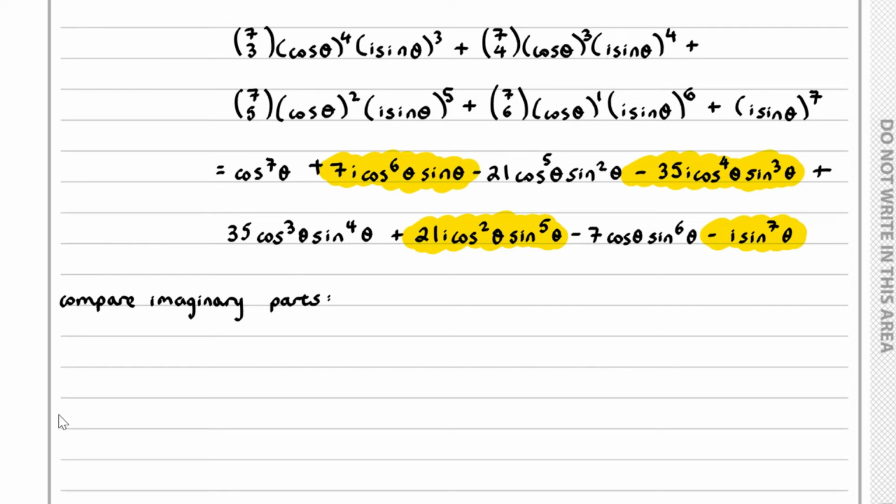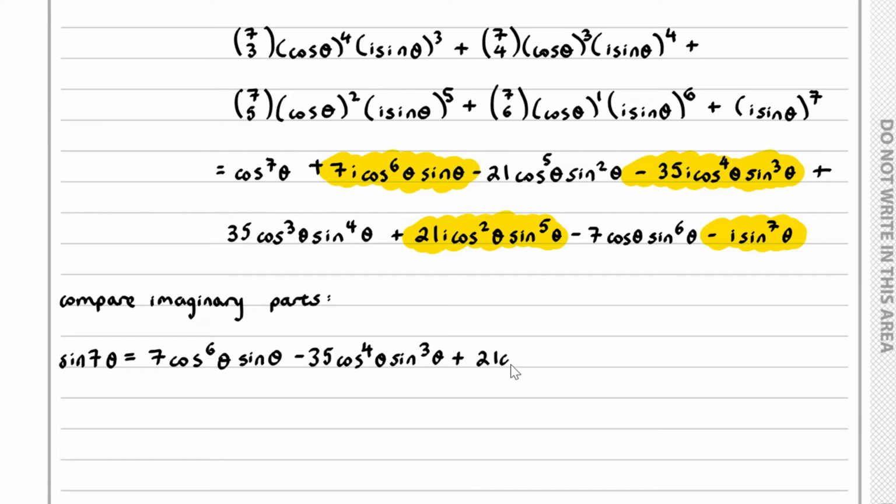So let's just write down those results. You can see here we've got sin 7θ equaling 7 cos θ to the 6 times sin θ, minus 35 times cos θ to the 4 times sine cubed θ.